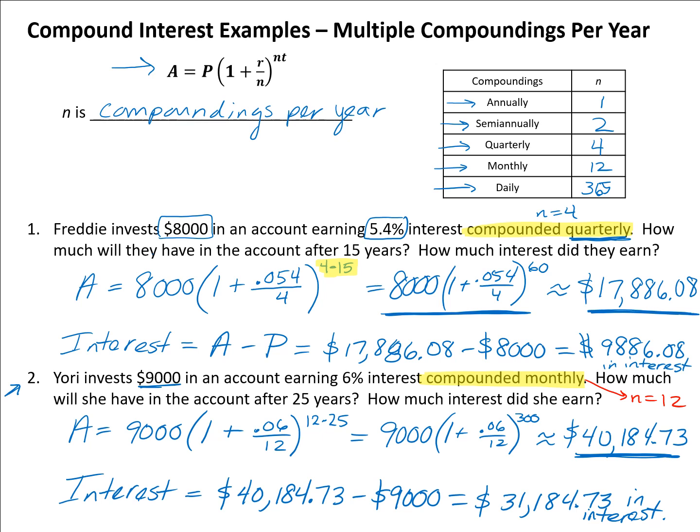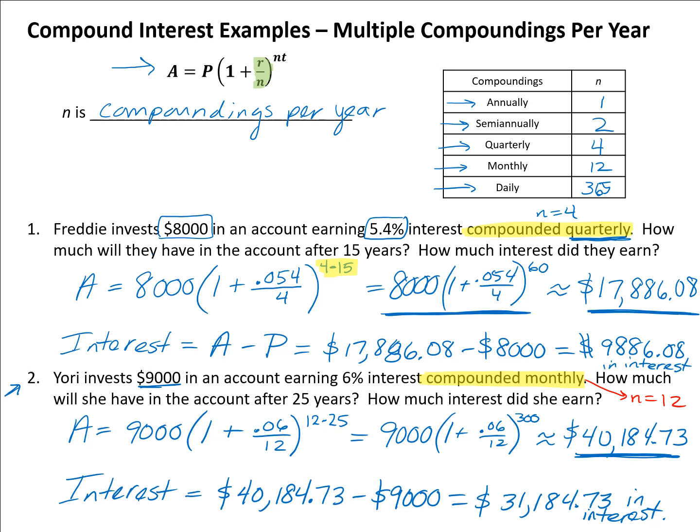Before I move on away from this formula, I want to point out two things about the formula. We have N involved in two places. One place is with this fraction on the inside of the parentheses. And I want to mention what's happening there. The interest rate is being divided by how many compoundings you have per year.